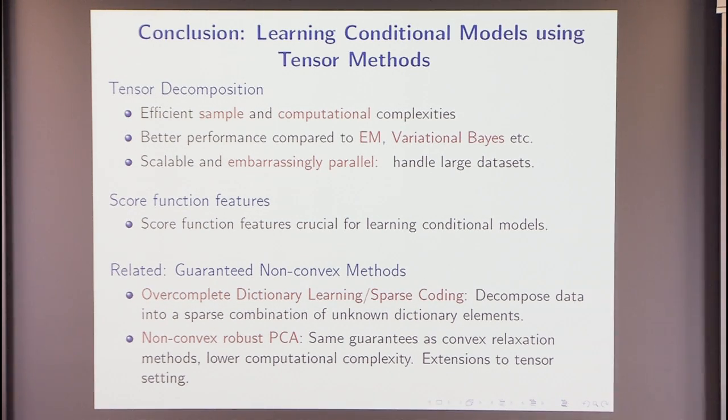The idea was to find cross moments between the label and the score function features, and to do tensor decomposition. Given that tensor decompositions are very fast and scalable, we can apply them to large-scale data sets, and in theory we get all these nice consistency guarantees using those methods.